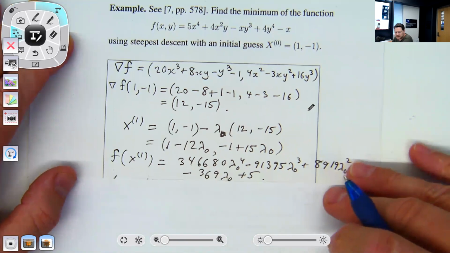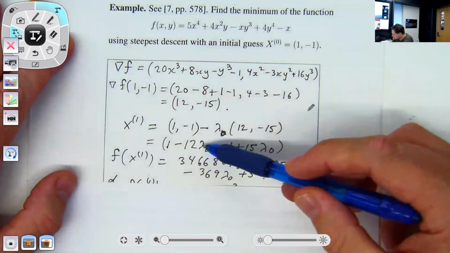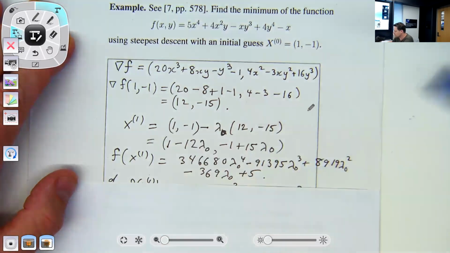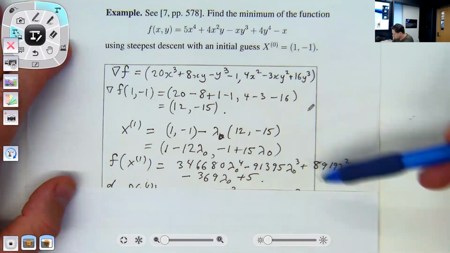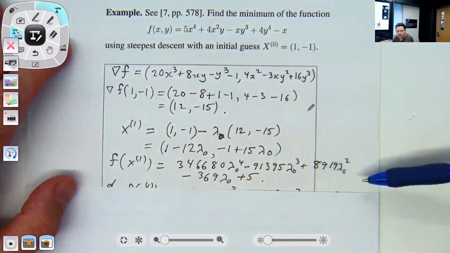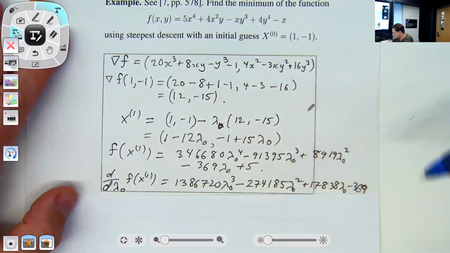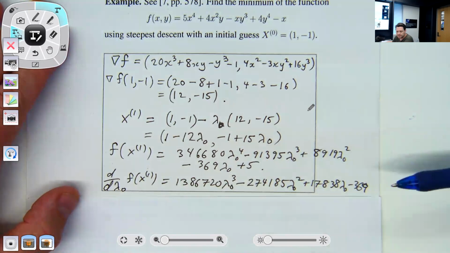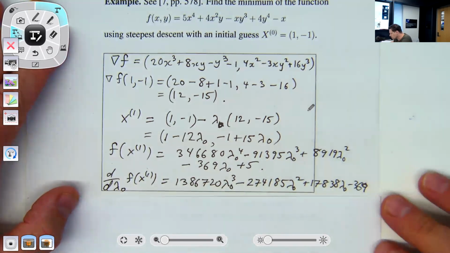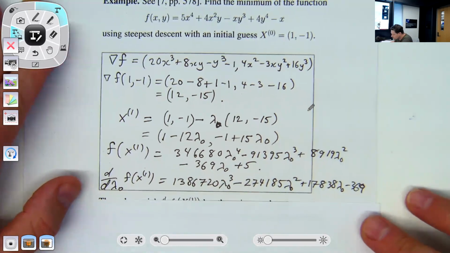Okay, so subbing this in, right? So we basically take this as our x, this is our y, we sub it into the function. We get this polynomial here, right? And then we can just differentiate that, right, symbolically. So here's the derivative. And now, of course, you want to know when is that derivative equal to 0.